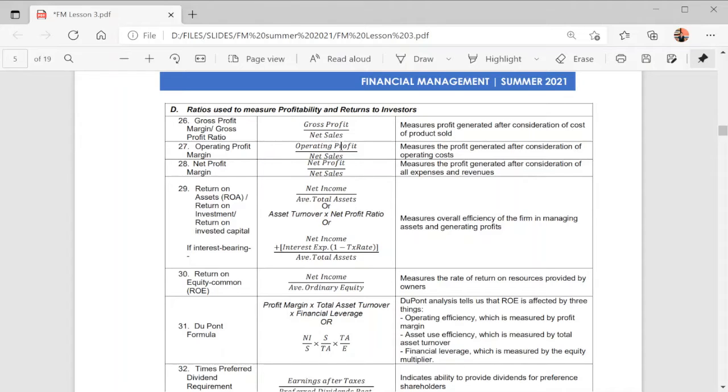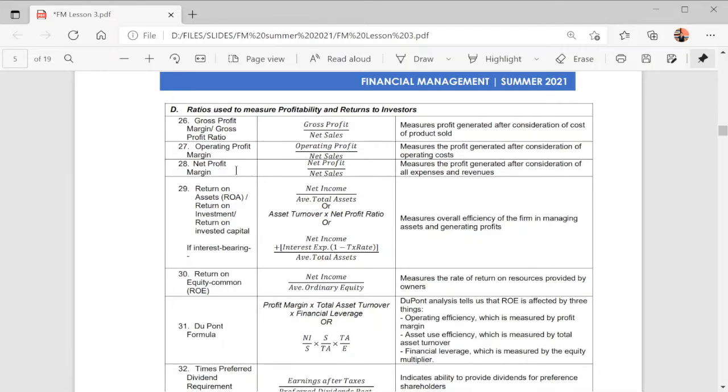In some books, they associate operating profit with EBIT, so before the interest and the taxes. They are the same: operating profit, EBIT, or operating income. In some books, we have operating income.